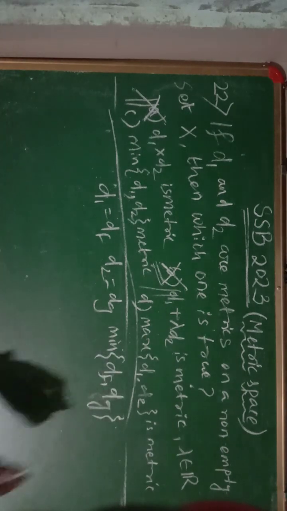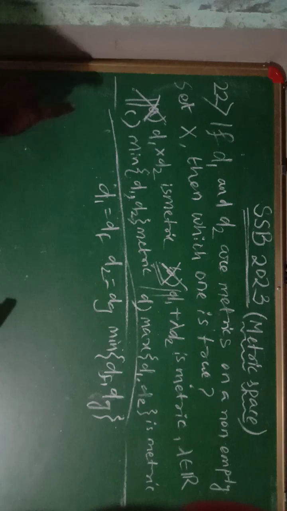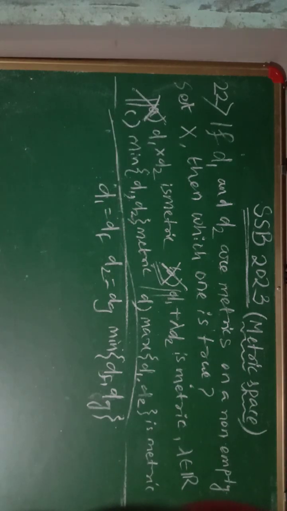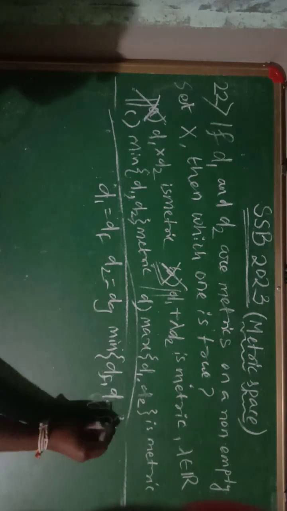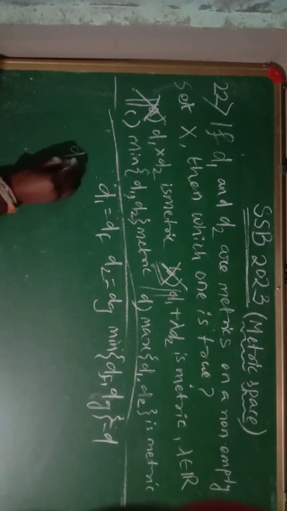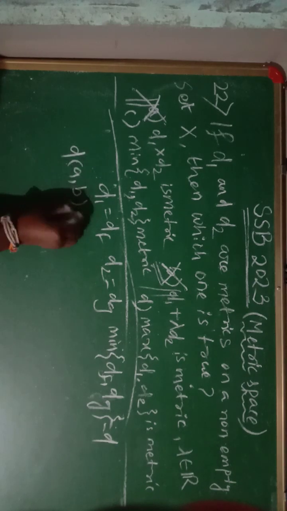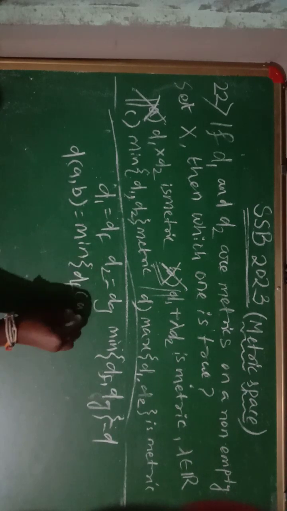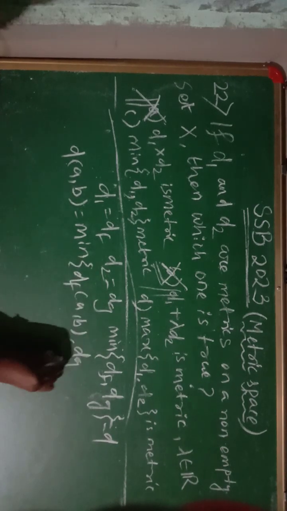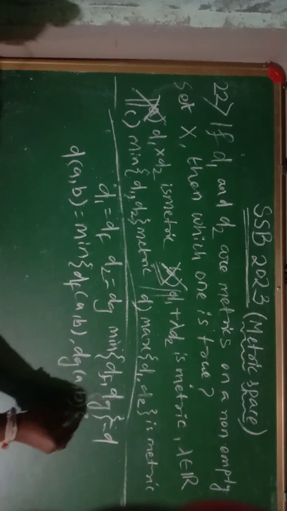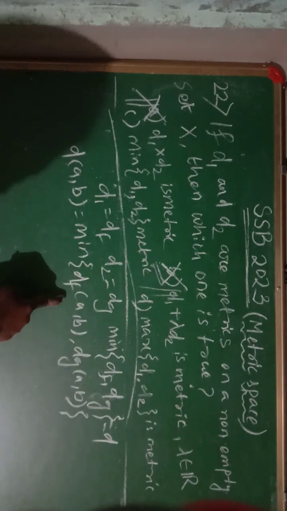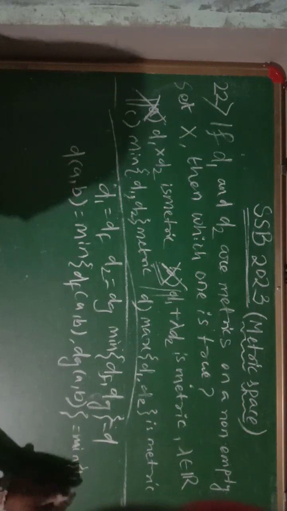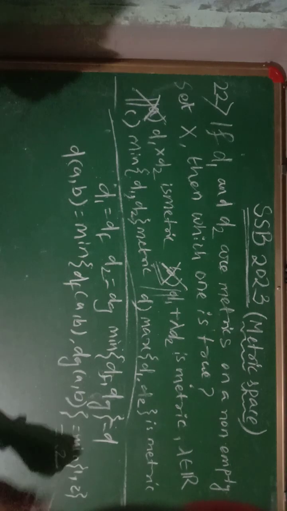Let this one equal D. So D of A comma B equals the minimum of DF of A comma B comma DG of A comma B, which is the minimum of 1 comma 2, and the value is 1.